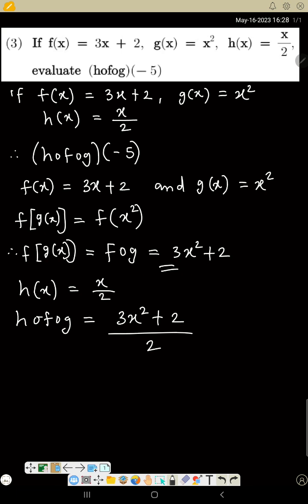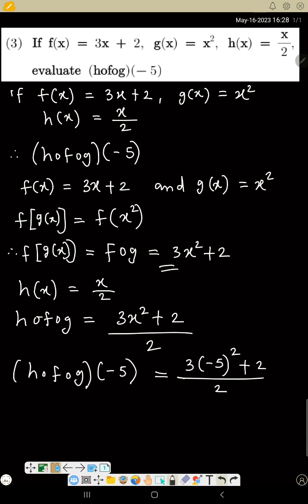So we have found h of f of g. So now we have h of f of g, then minus 5. So it means anywhere you see s in this result, put minus 5. So this will be 3 brackets minus 5 squared plus 2, everything over 2.